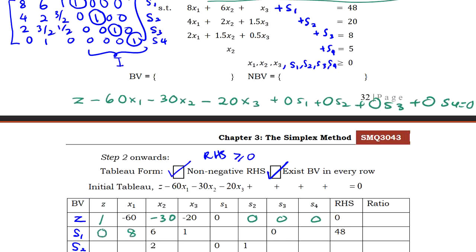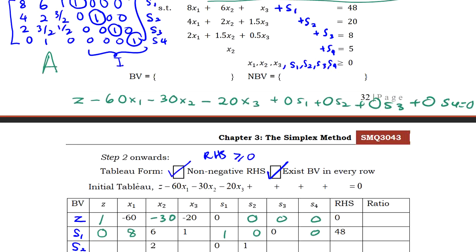Here 0 because there's no z in this constraint. So 8, 6, 1, and then 1, 0, 0 equals to right hand side 48. We can actually take this from matrix A: 8, 6, 1, 1, 0, 0, 0.